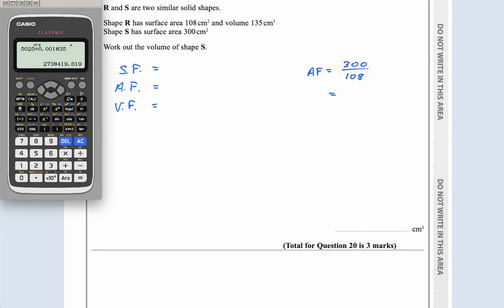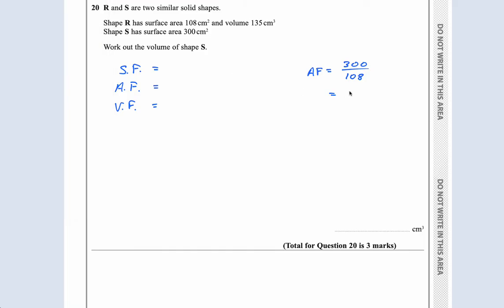Let's simplify that. 300 over 108 is 25 over 9. Okay, 25 over 9, I prefer it as a fraction. That means the area factor is 25 over 9.